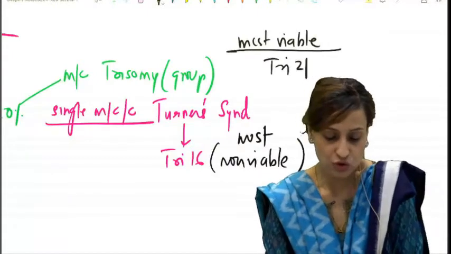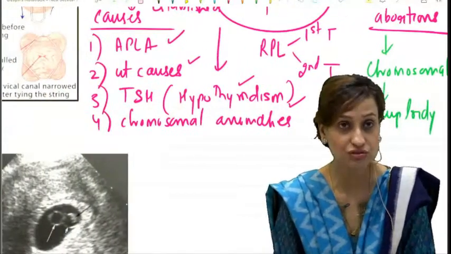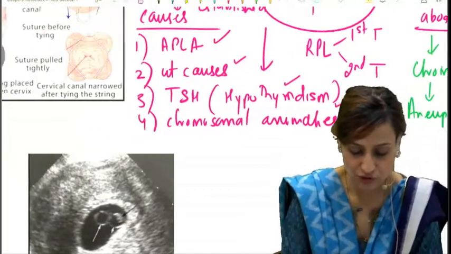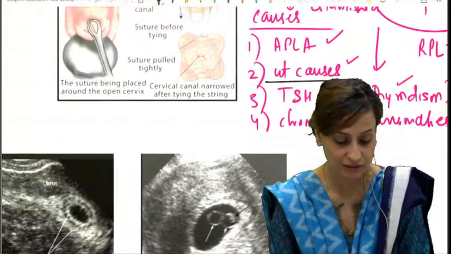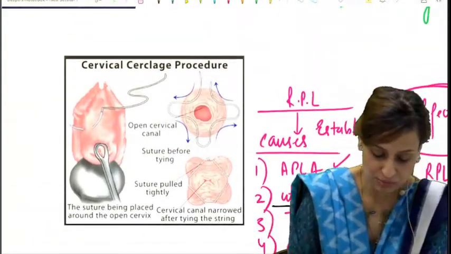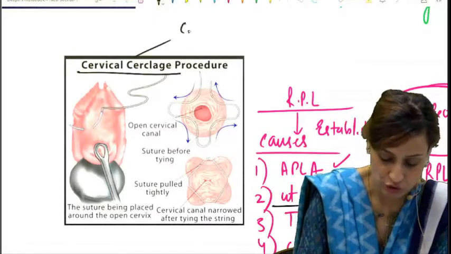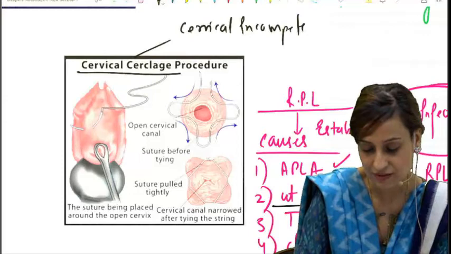Also, when it comes to abortions, and we're talking about recurrent abortions, remember in the uterine causes, an important cause is cervical incompetence, which is what I had shown the image for. So this is a procedure that you do for cervical incompetence, okay? And this is a cerclage, right?